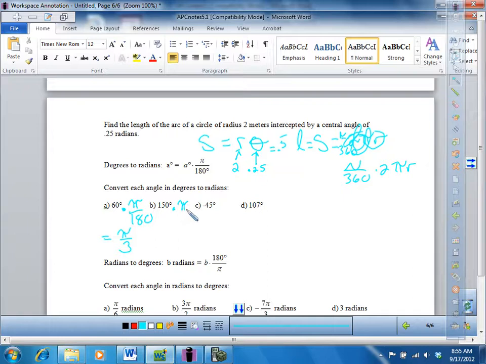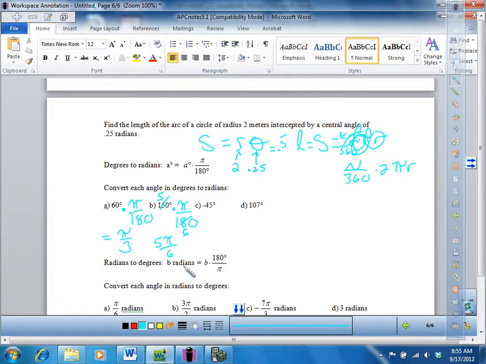150, I'm going to multiply by pi over 180. What goes into both 150 and 180? 30 is a nicer one, right? So you want to divide: 30 goes into 150 5 times and 30 goes into 180 6 times. So this is equal to 5 pi over 6.